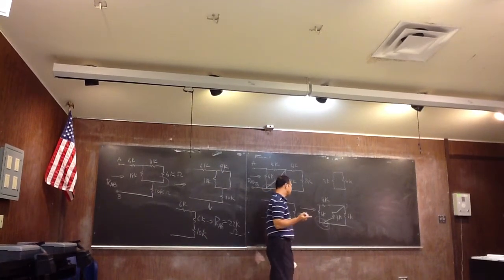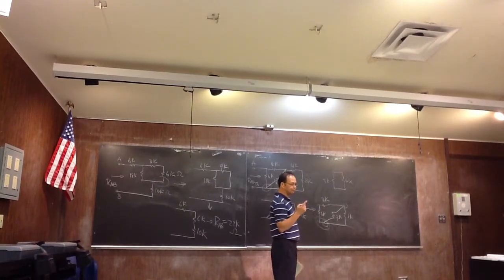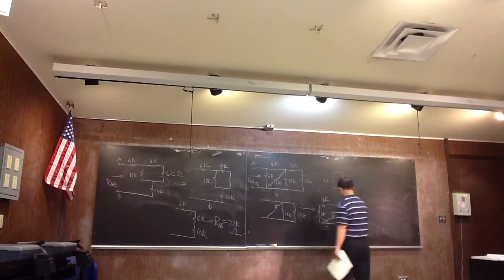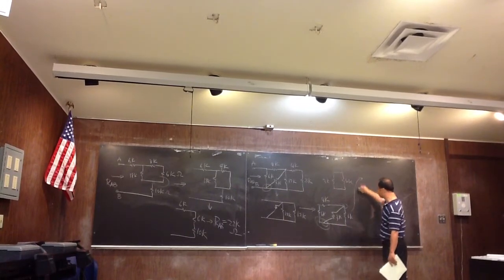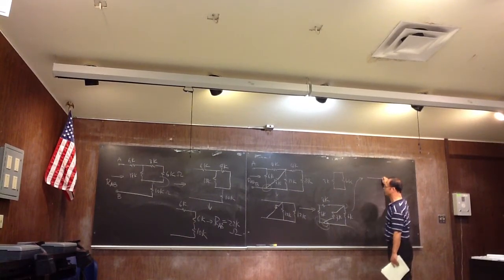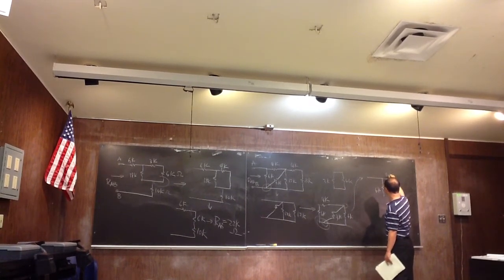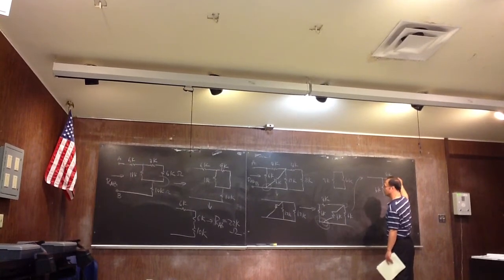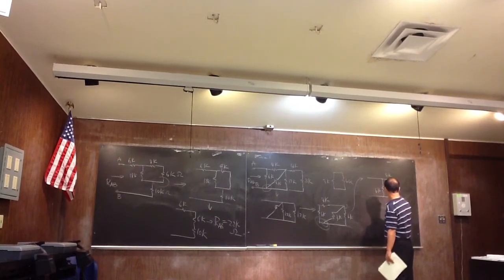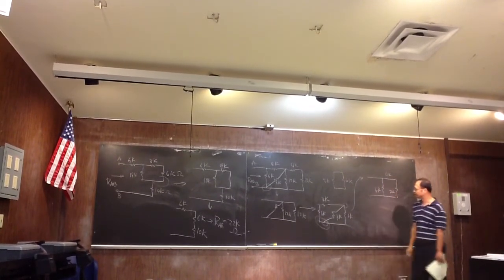Okay, so 3K and 6K will give you 2K. Right? So this is 2K. So keep on going. Actually, you get 6K, 4K, 2K. Yes?